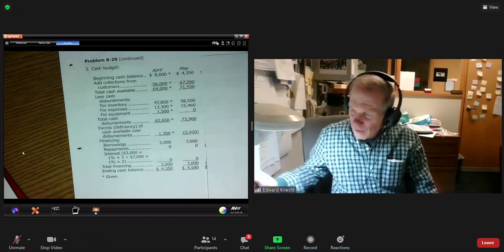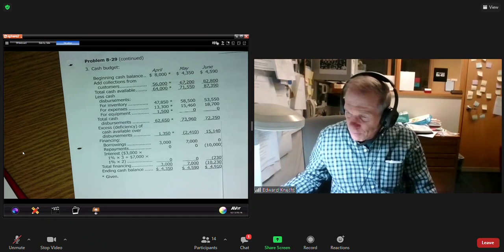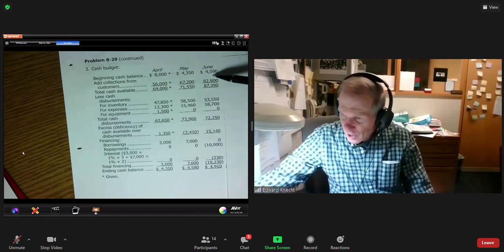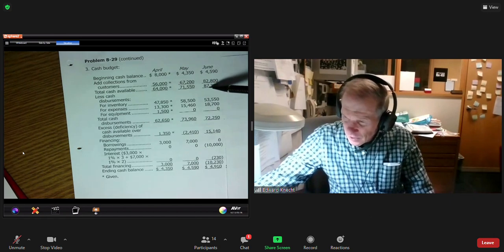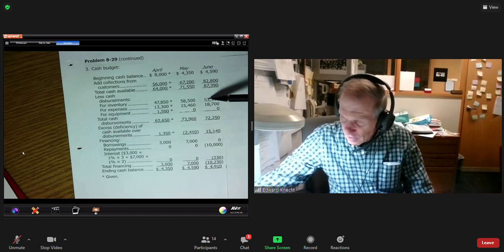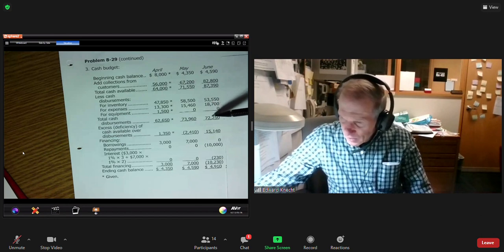So our ending balance of 4,590, we bring it up to the top. That's our beginning cash. Added to the cash collected, total cash available. We subtract then our cash disbursements on inventory and all of our other expenses, excluding depreciation, and we get total disbursements. Now we have an excess of 15,140.